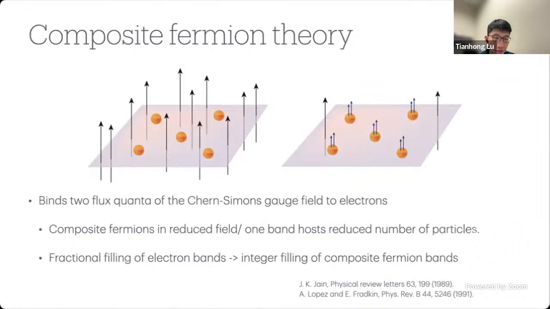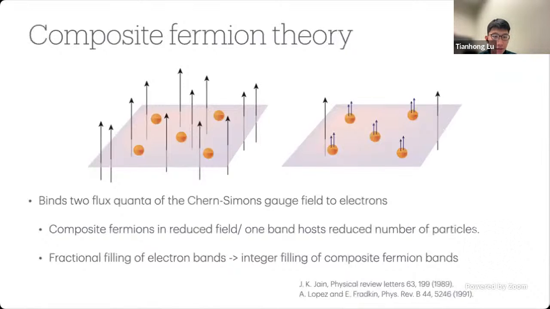You can bind two flux quanta to the electron, and this composite thing will still be a fermion because the 2 is even. If you bind an even number of flux quanta to an electron, it is still a fermion.